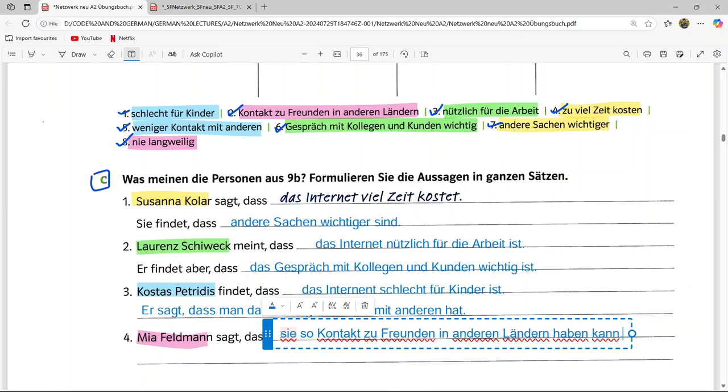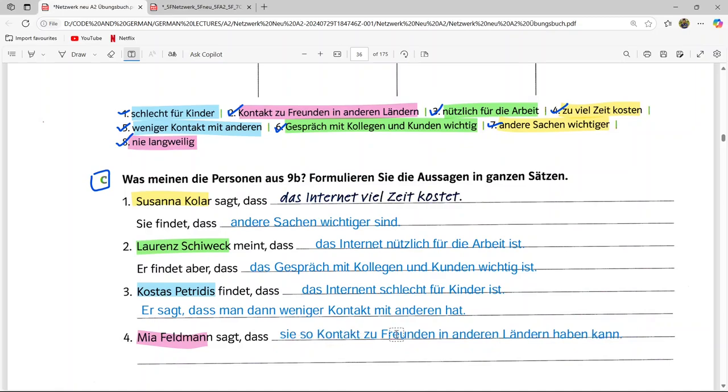So Mia Feldman said that she can have contacts with friends in other countries. Her opinion also is that, so sie meint, dass ihr nie langweilig ist. She also says that it is never boring for her. Okay, so this task is also done.